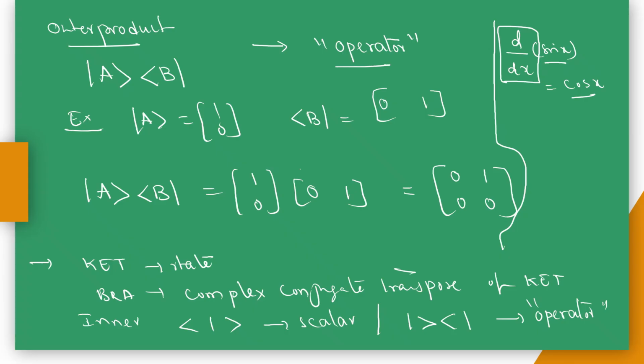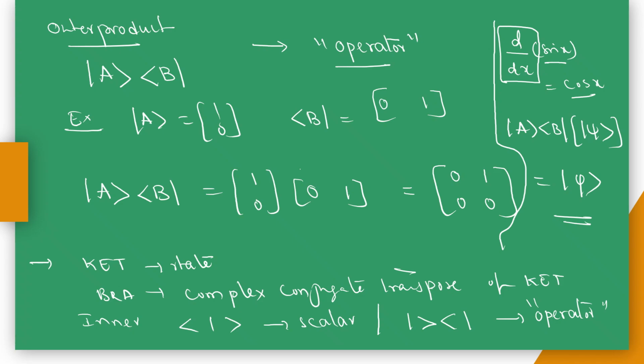The outer product does the same. If any particular state is operated on by the outer product, that state is transformed into another state. For example, if the outer product like AB acts on the function state psi, then it may change into the state phi. So this is called an operator.